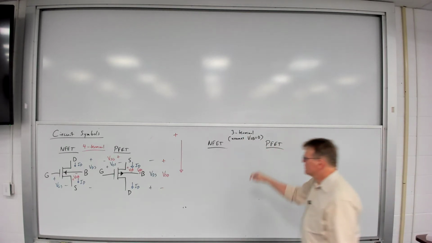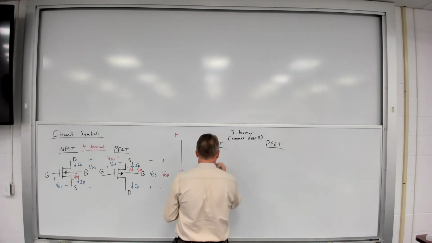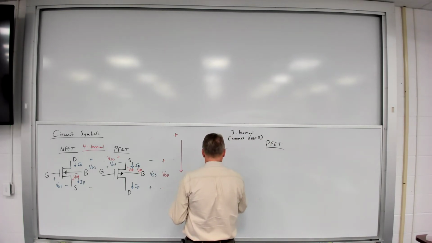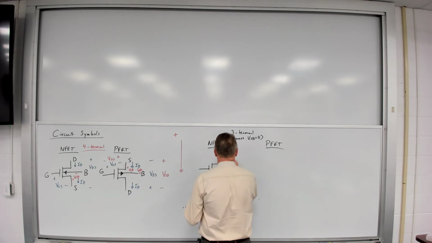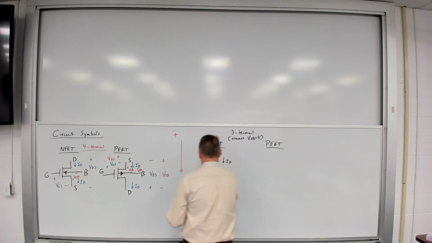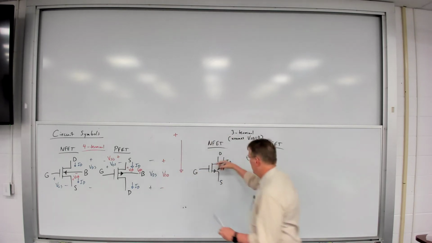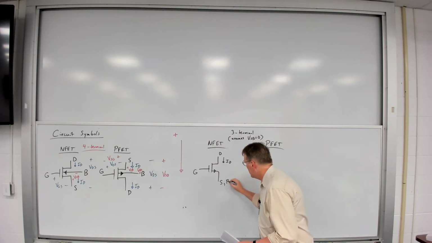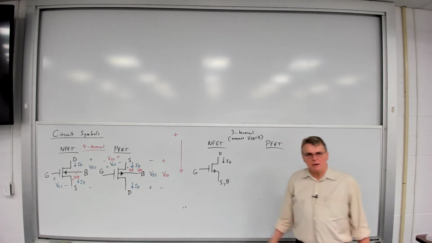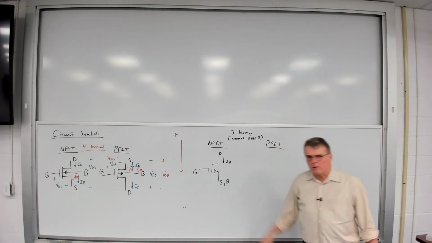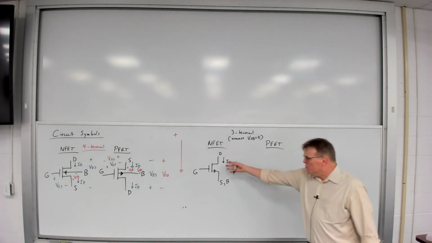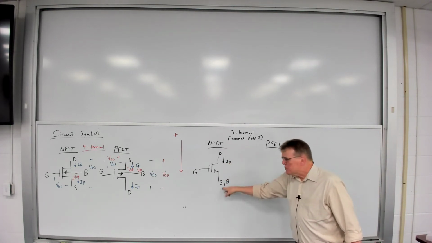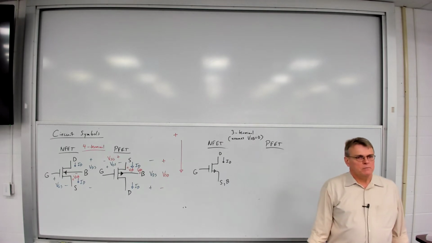Source connected to bulk, therefore I draw it this way. This is assumed, but typically not shown in the schematic. Usually it doesn't bother to draw B. If it's drawn this way, you can assume the source and the bulk are the same terminal.